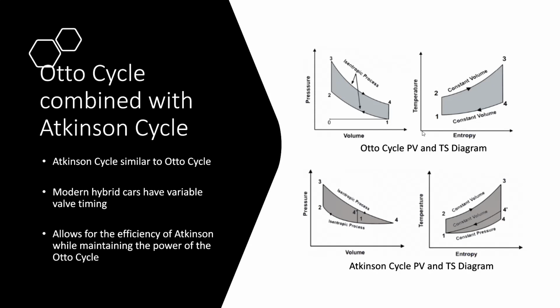Another application of the Otto cycle was the development of the Atkinson cycle, which is so similar to the Otto cycle that it is often called the extended Otto cycle. While the Otto cycle uses two constant volume processes on either side, the Atkinson cycle swaps the 4-to-1 constant volume process with a constant pressure process.